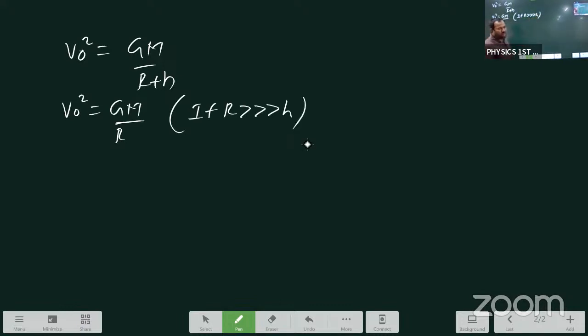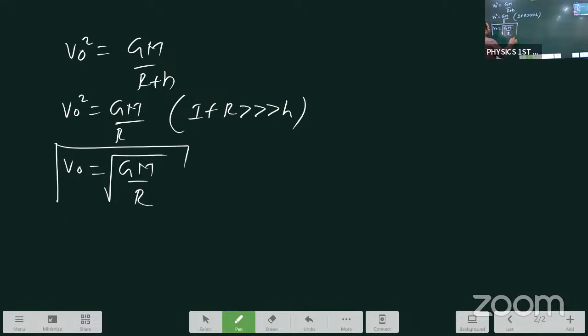Capital R, the radius of the Earth, is 6,400 kilometers. Compared with that, the height of the satellite is negligible, like 36 kilometers, 40 kilometers, 50 kilometers. That's why capital R is very big compared with small h. On this condition, we neglect small h. VO equals the square root of GM by R. This is one equation for orbital velocity.